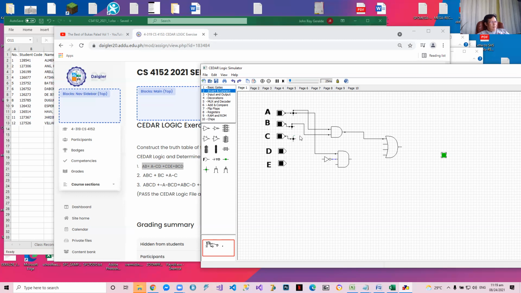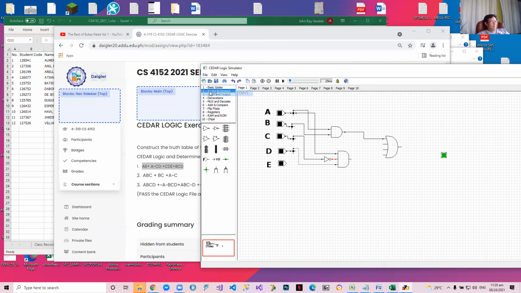Okay. Then remove this. We need a NOT of C, no? And then we need a D. We'll put a D here. Do you follow? We need a D, so we connect it here. That, and then remove.